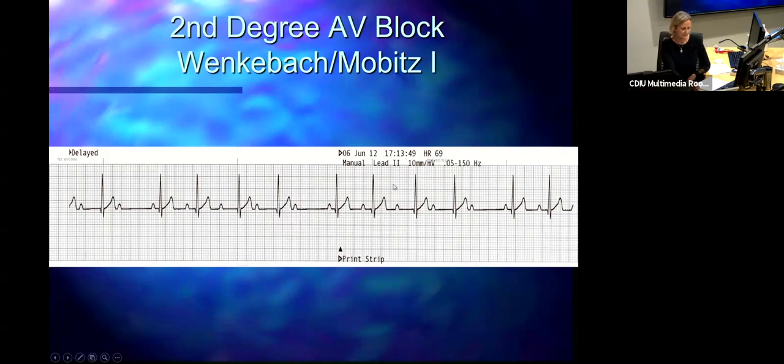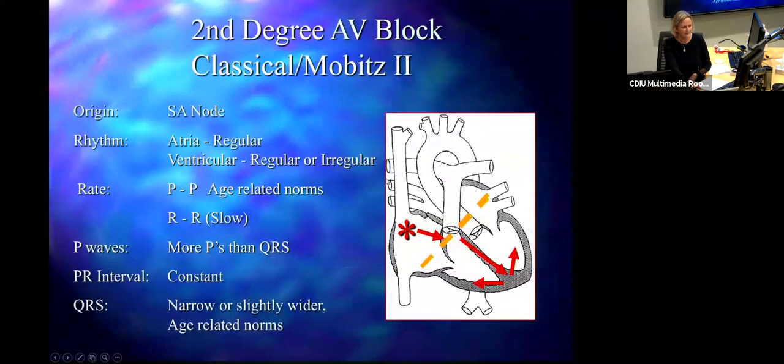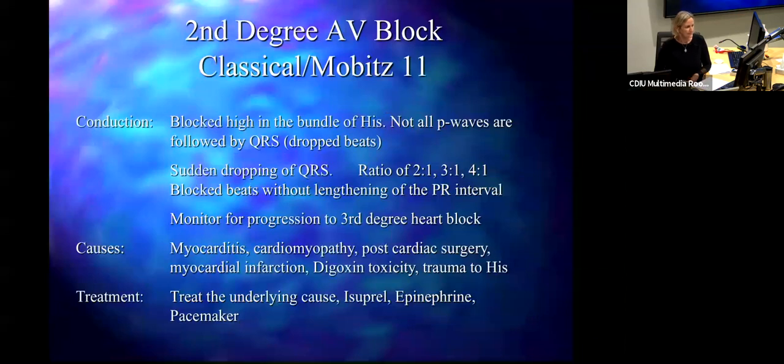And then it continues. And that differs from second degree AV block classic Mobitz 2. So again, in Mobitz 2, you have more Ps than you have QRSs, but the pattern of your PR interval is different in that every time you measure a PR interval, it is exactly the same. So conduction is blocked high in the bundle of His.